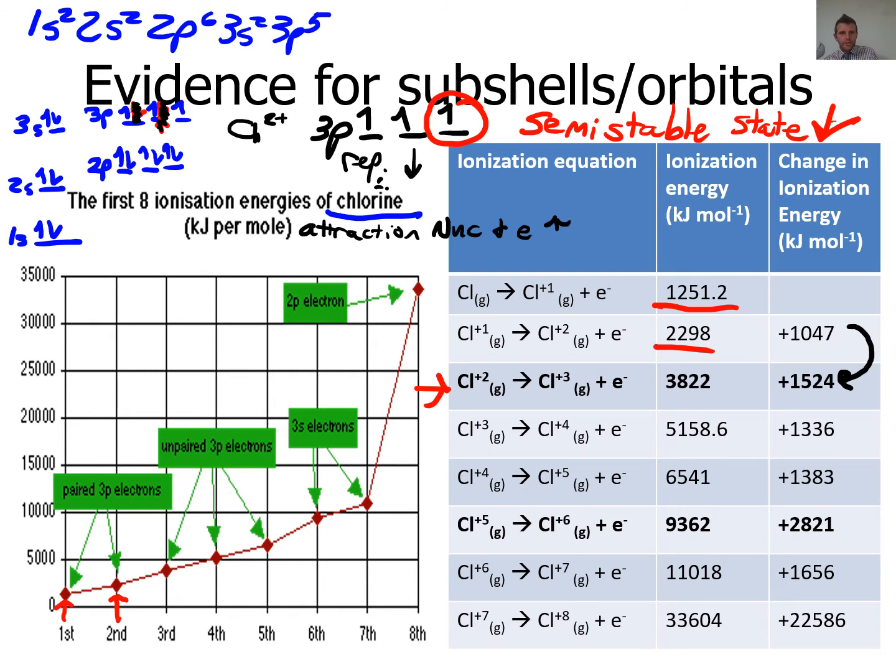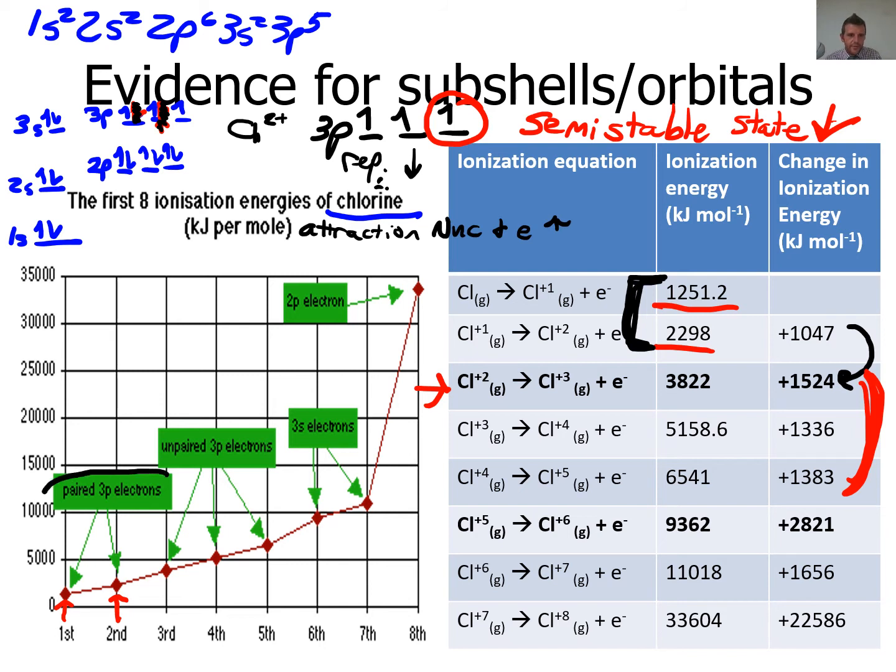So then you'll start to continue down, and you can even kind of see that to remove the 3p electrons, on average, the change in ionization energy is going to be larger than the change in ionization energy between removing these two paired p orbitals.